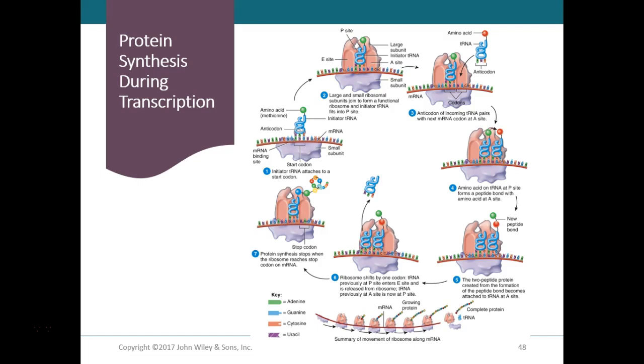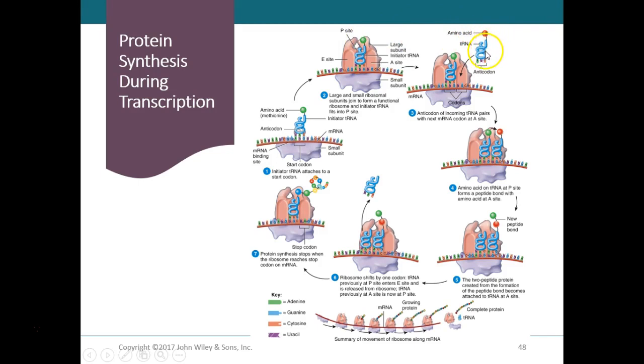And then number 3 would have a different one, number 4, and so on. So the sequence of your codons, remember that's your nucleotides, is going to determine which tRNA molecule comes in, carrying its particular amino acid. So that tRNA comes in, binds to the mRNA, bringing its amino acid in.